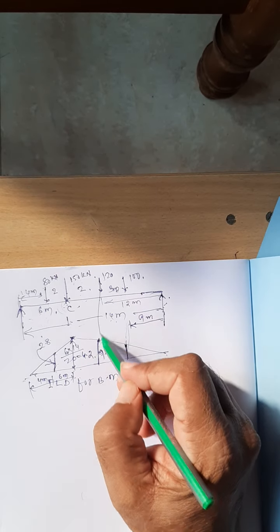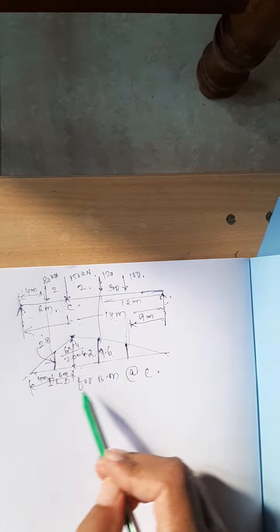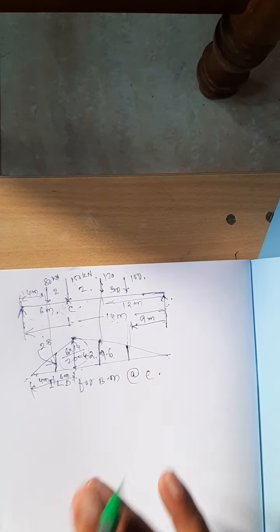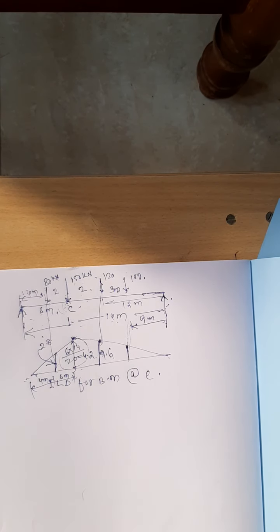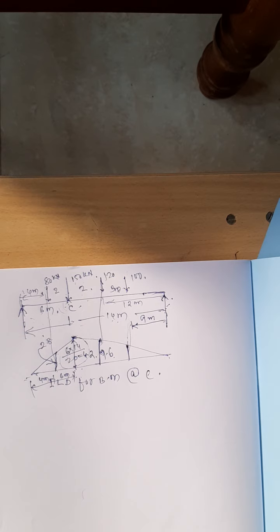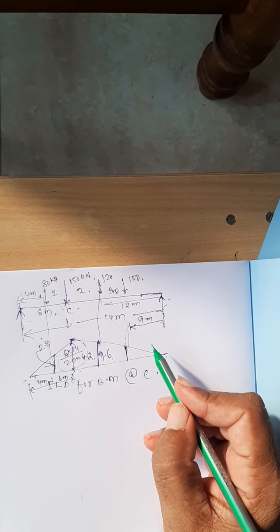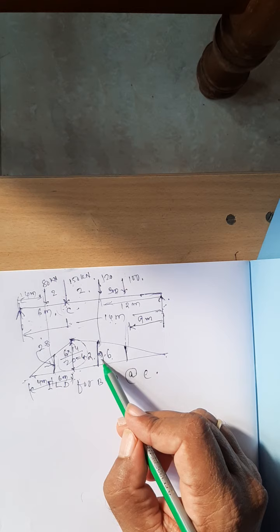Ordinates under the loads you need to calculate. This all you are doing based on what is this number and similar triangles. So this number is equal to 4.2 divided by 14 into 9, yes, that comes out to be 2.7. This is wrong.